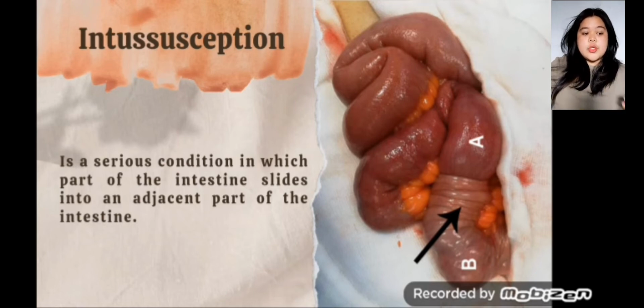Intussusception also cuts off the blood supply to the part of the intestine that is affected, same as the volvulus. Intussusception affects mostly babies up to 5 to 9 months old, but also other children. And also, boys get intussusception more than girls.